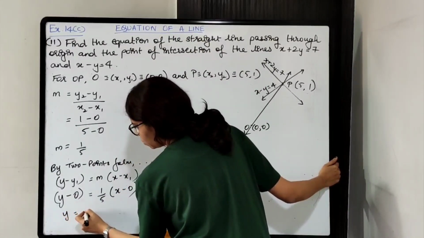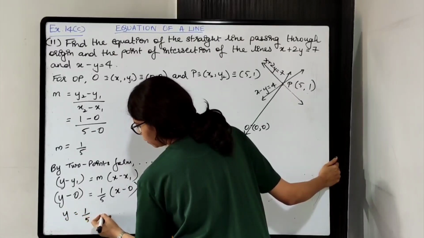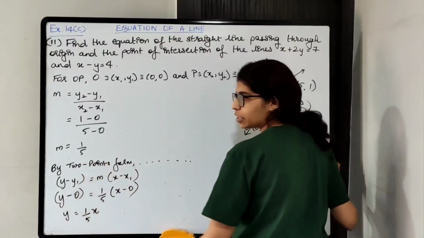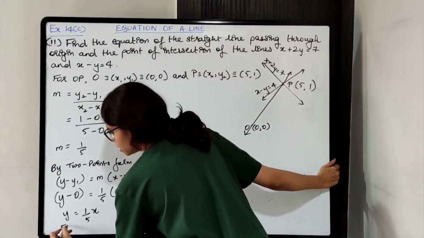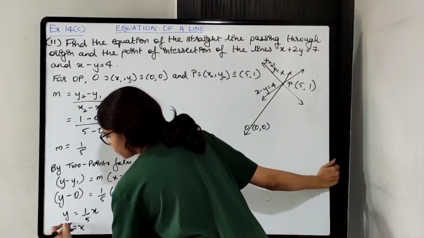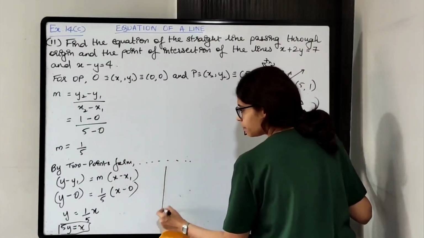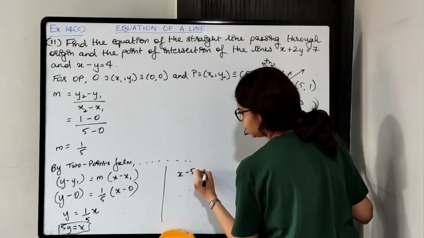So y is equal to 1 by 5x. Okay. Shifting 5 to the other side, we'll get 5y is equal to x. This is the equation of the line. Or in other words, x minus 5y equal to 0.